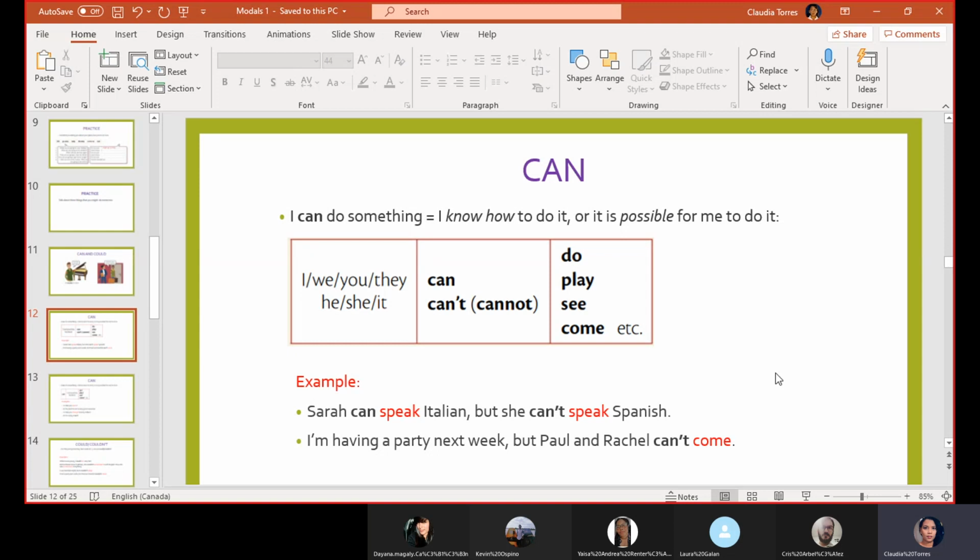So Sarah can speak Italian. You don't say, and this is a very common mistake, Sarah knows Italian. No, Sarah speaks Italian, or in this case, Sarah can speak Italian, but not knows.